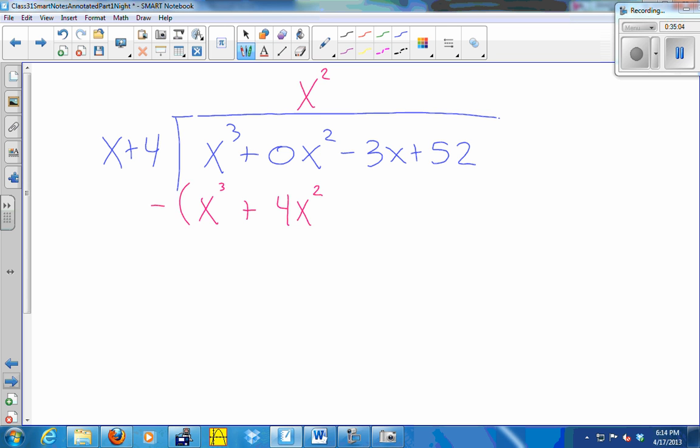And then you subtract. So I have x cubed minus x cubed. Those go away. Then I have no x squareds minus 4x squareds, which is negative 4x squared. And then you bring down the minus 3x.